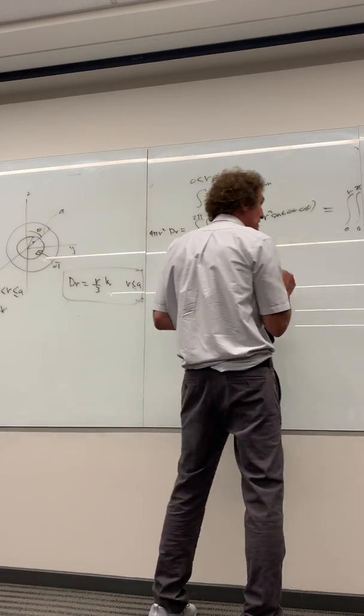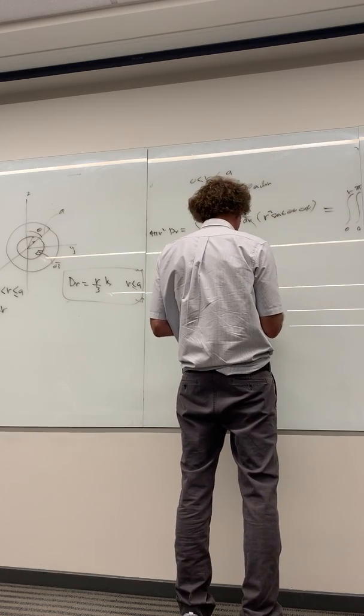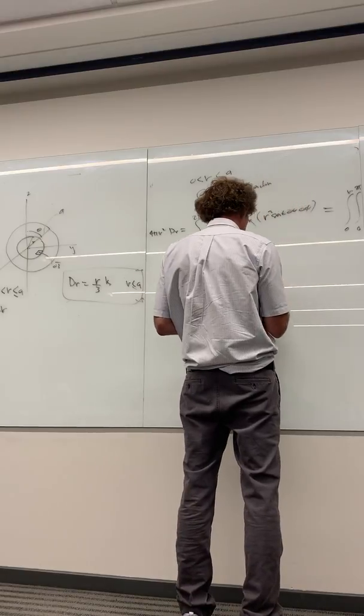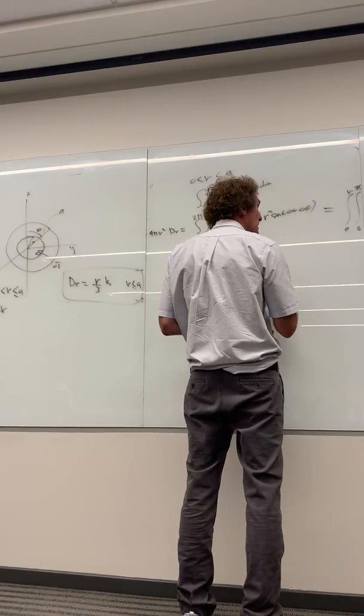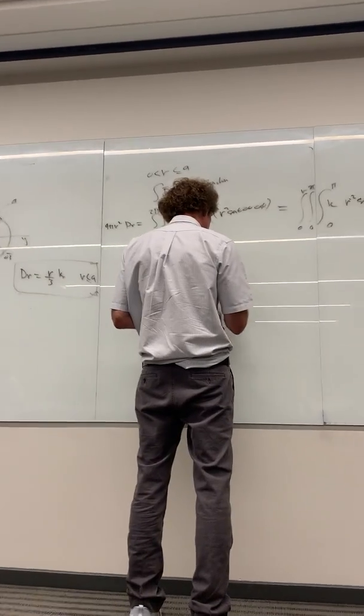Now on this side when I do it, I'm going to do the same thing except I have the r integration. So I have k coming out in front, right? And then I have an integration of r prime squared dr prime from 0 to r.